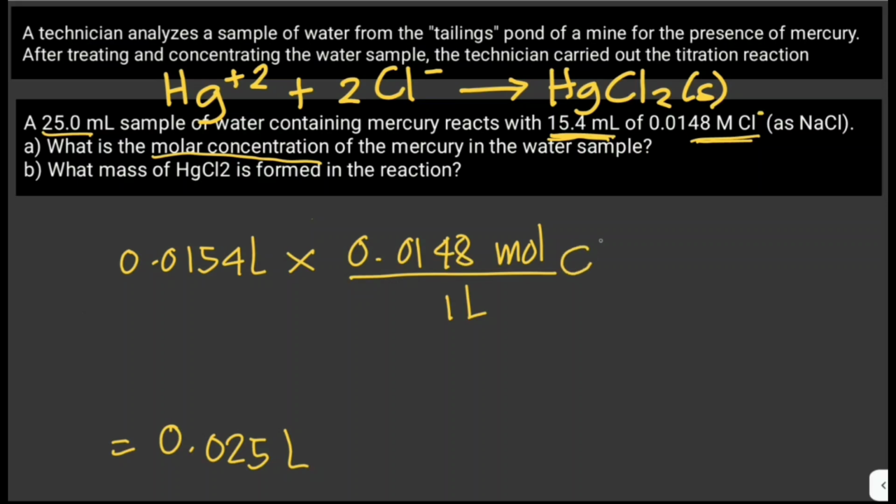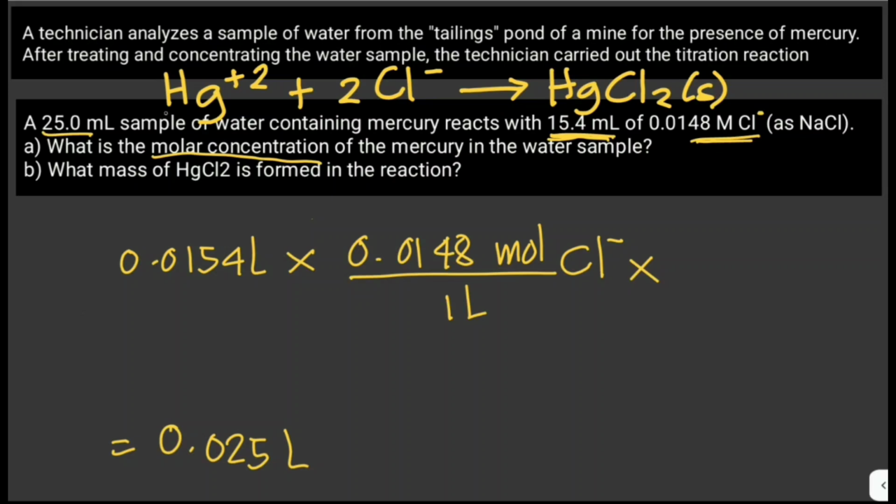Right, so this is chloride ion, and then we multiply this by the mole ratio of mercury and chloride.